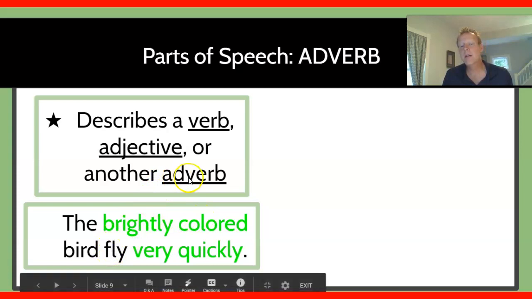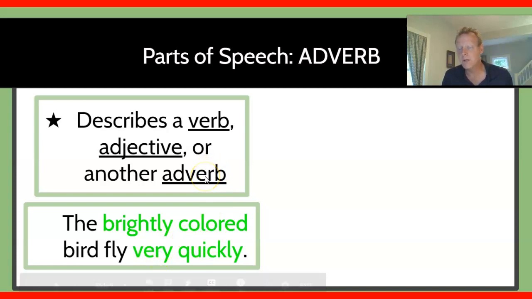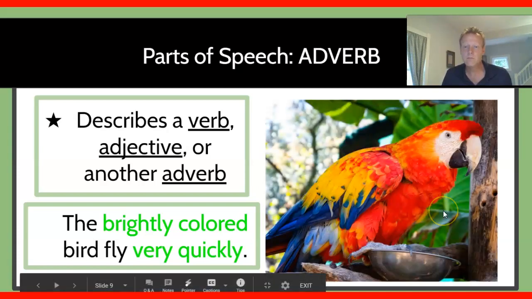So there you have an adverb describing a verb. Very quickly. How quickly? Very is an adverb describing another adverb. In one sentence, I gave you an example of an adverb describing a verb, quickly, an adverb describing an adjective, brightly, and an adverb describing another adverb, very. Powerful word. This is a brightly colored bird.